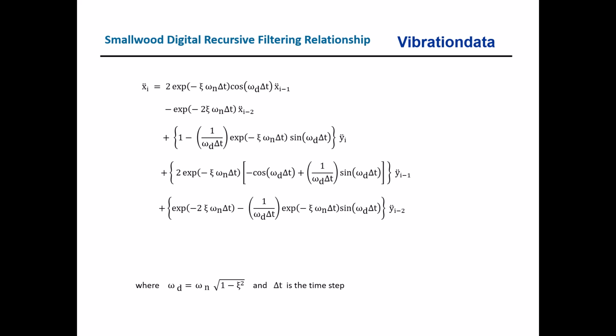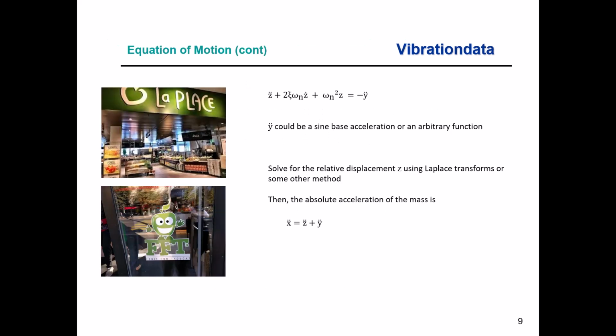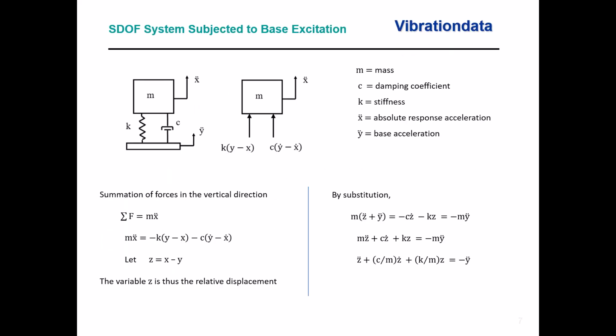Now the reason this is filtering is that the spring mass system is a mechanical filter. We'll go back a few slides and take a look at that. So that system, again, is a mechanical filter, and we can make an analogy to an electrical circuit that has a resistor, an inductor, and a capacitor.